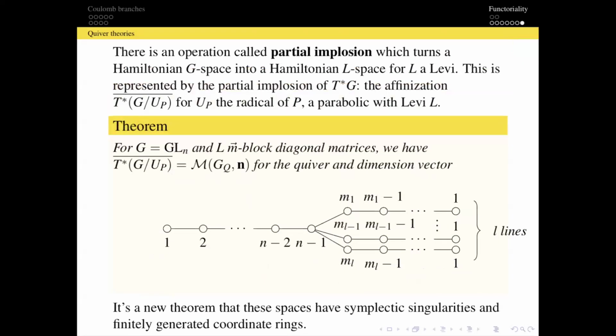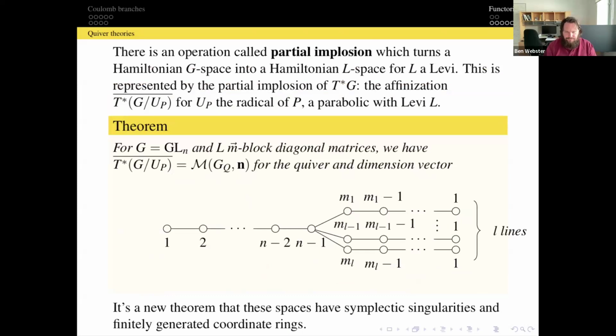All right, and let me just say one last thing. There's this operation called partial implosion, which turns a G-space into a Hamiltonian L-space for L a Levi. And if you want to understand this operation, you only have to apply it to T*G. When you do that, what you get is G mod U_P, where U_P is the radical of a parabolic with Levi L, and T* of that.